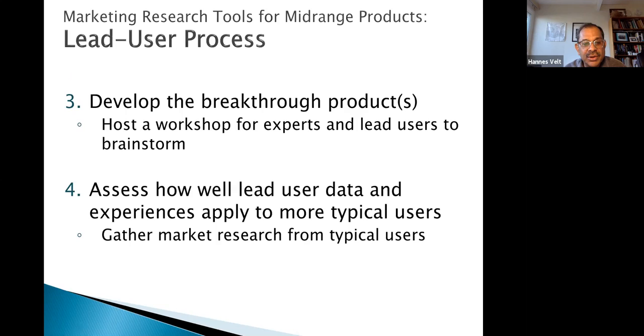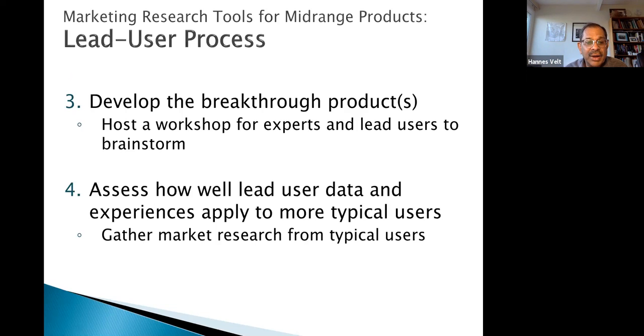Now, this point is also very important, that you're not going to develop the product only for lead users, because the number of lead users is very small and they can pay very high prices. In basketball, we know that Michael Jordan was a lead user for Nike athletic shoes, basketball shoes, and he can afford to pay maybe $1,000 for a pair of new shoes, but the mass market is not going to be able to afford that.